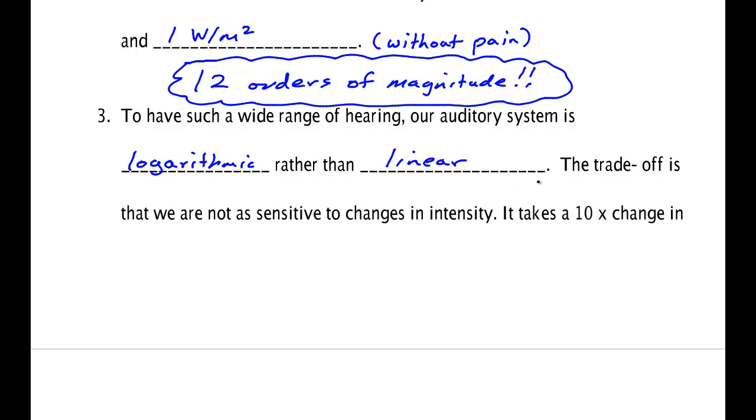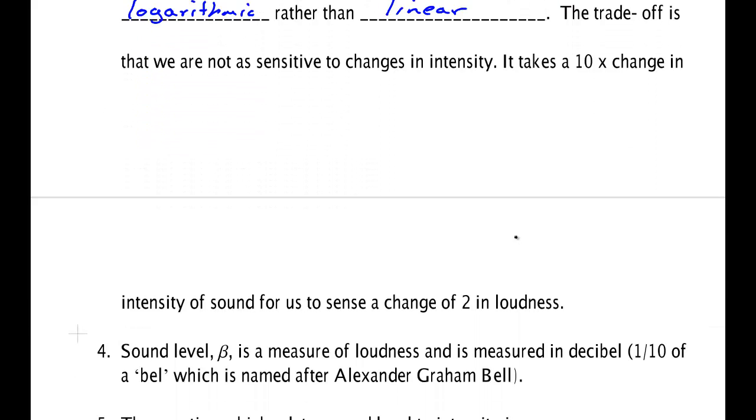So we're going to require a much larger increase to get a factor of 2 in terms of it being loud for us. So the trade-off for us is that we're not as sensitive to changes in intensity, and in fact it takes a 10-fold increase in intensity just to change it by a factor of 2 in what we call loud. So we say, boy, that's twice as loud. It's really 10 times as intense of a wave.